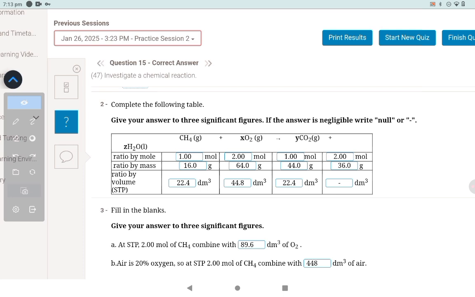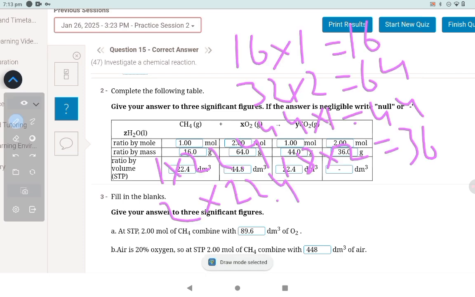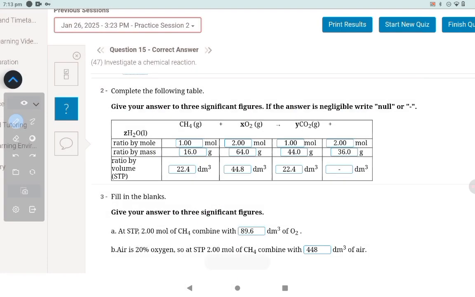Okay, at STP, 2 moles of CH4 combined with how much volume of O2? We can do MCR, most common ratio. CH4 is 1, and then O2 is 2.